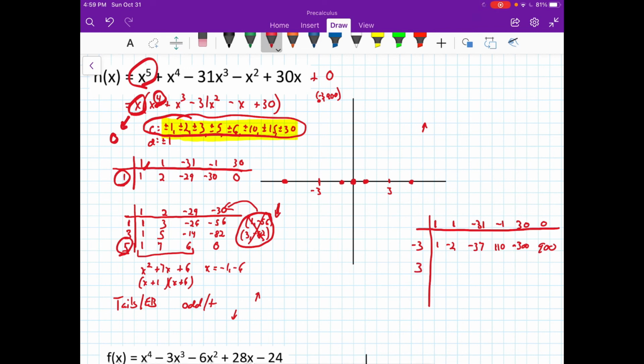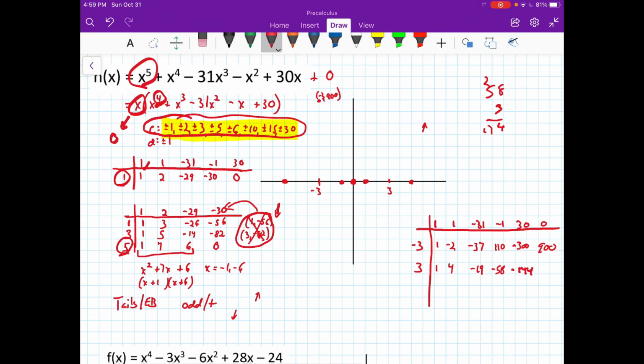So plugging in 3. Put in 3. Bring down a 1. Three times 58, 174, so that's -174, -144, because we're adding 30.